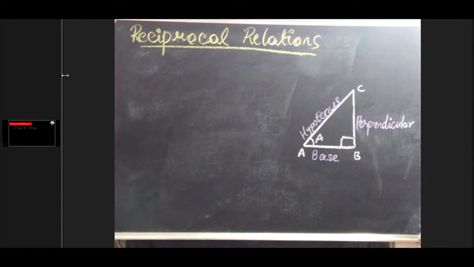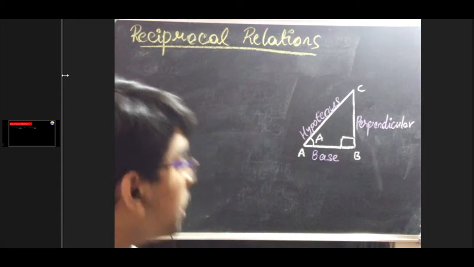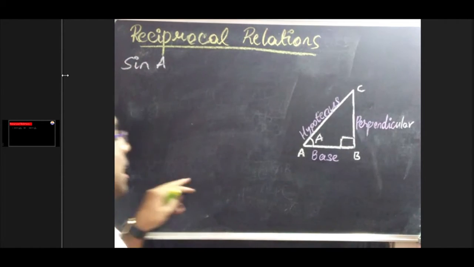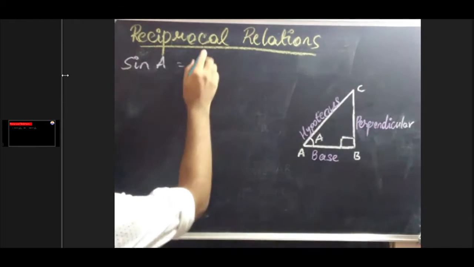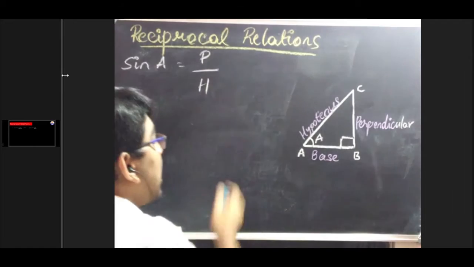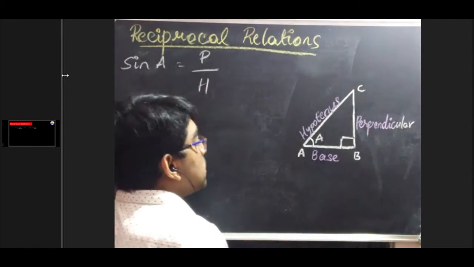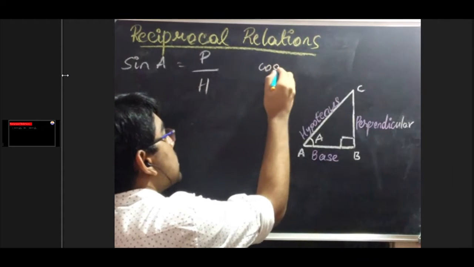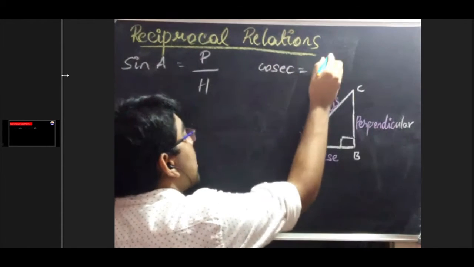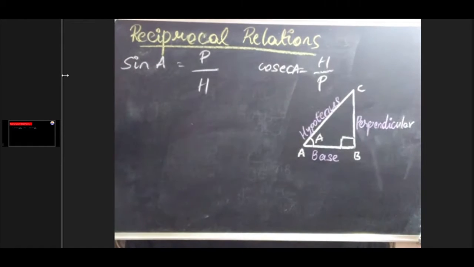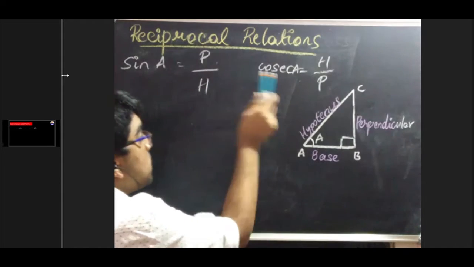Here we will be taking sine of this angle, particularly angle A, as perpendicular divided by hypotenuse. And I will take cosecant of the angle as hypotenuse by perpendicular. When you look at this, you will see these two are reciprocals of each other.